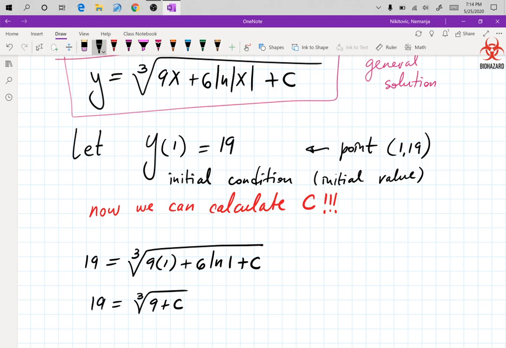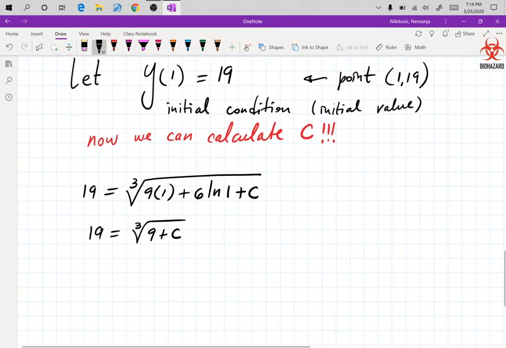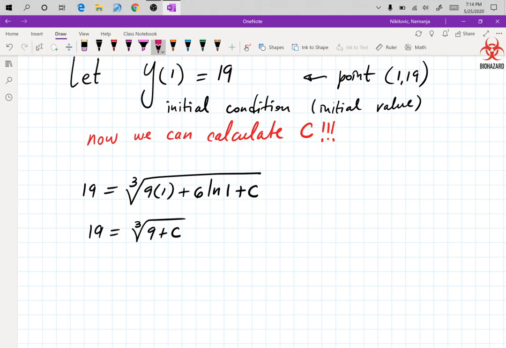You take the abacus and you figure out what 19 cubed is. When we cube both sides, that will kill the cube there. So 6,859 is equal to 9 plus C, from where C is equal to 6,850.